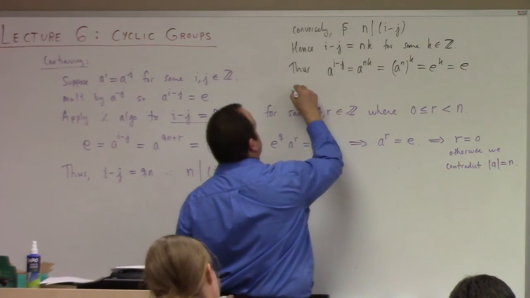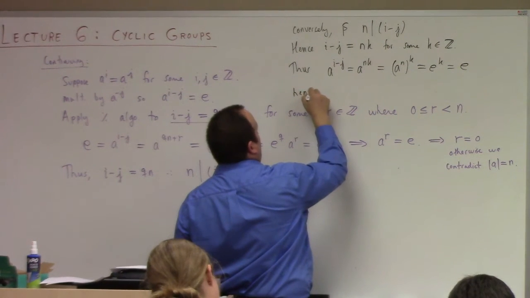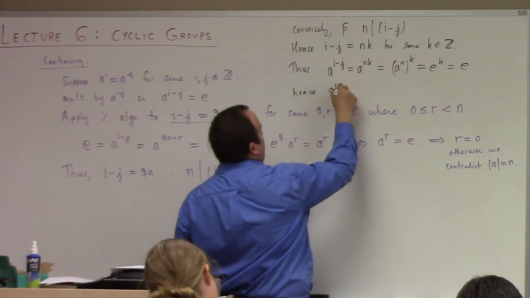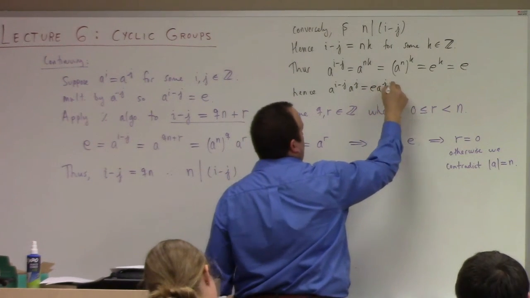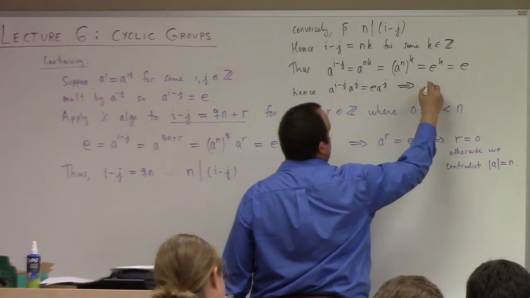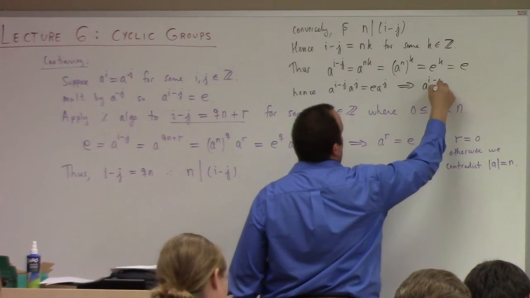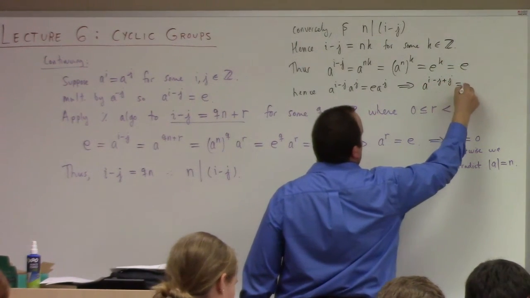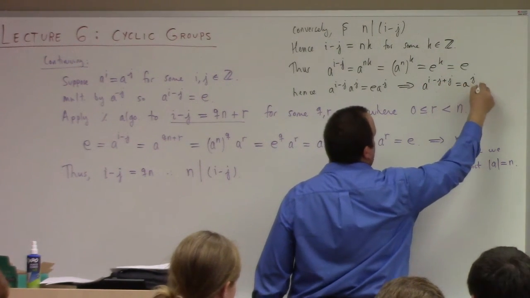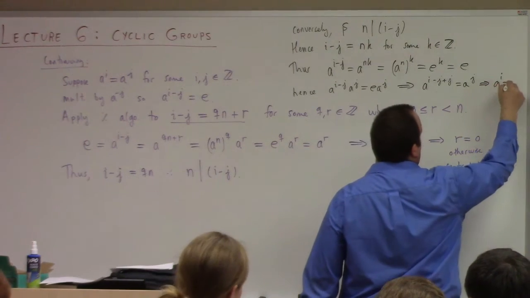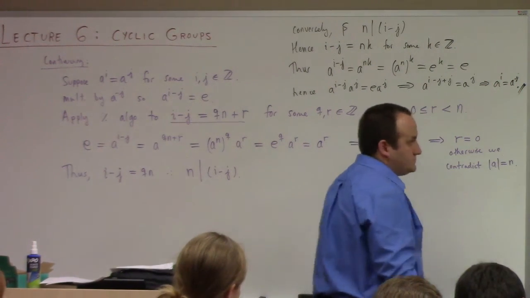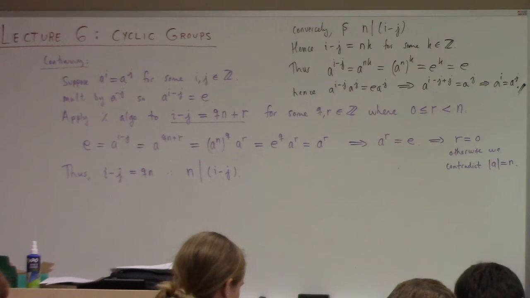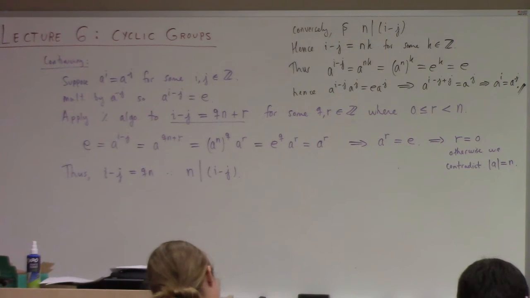Hence, a to the i minus j times a to the j is equal to e times a to the j, which gives us what? So it's not hard to prove that a sub i equals a sub j follows from that assumption.